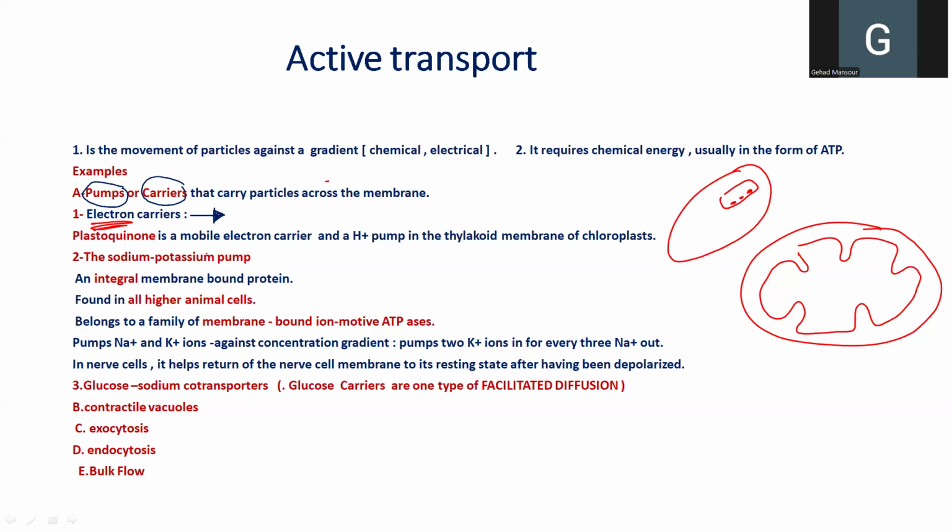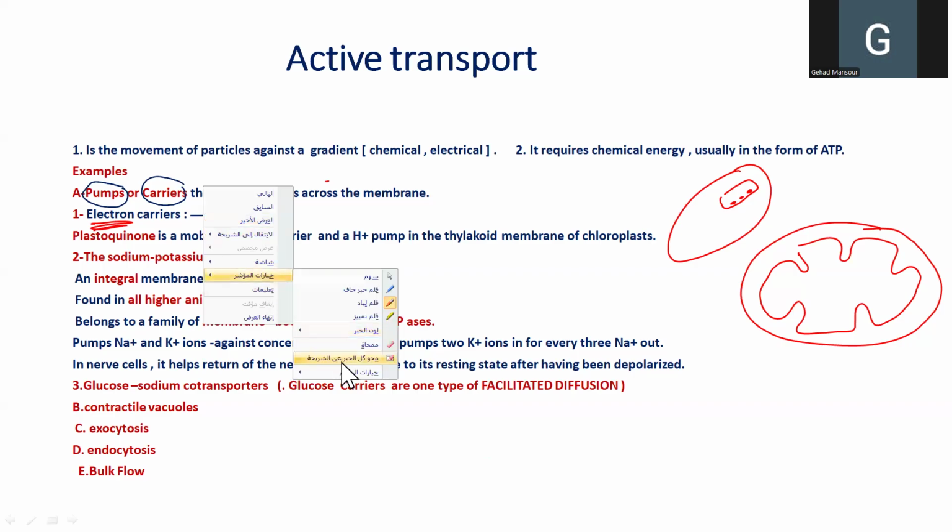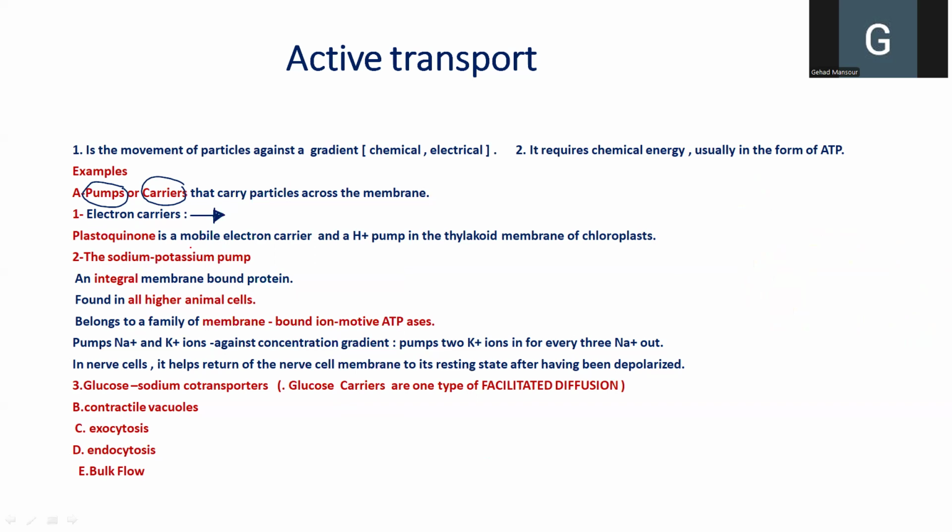The best example of an electron carrier is plastoquinone. Plastoquinone is considered a mobile electron carrier because it can move along the membrane.